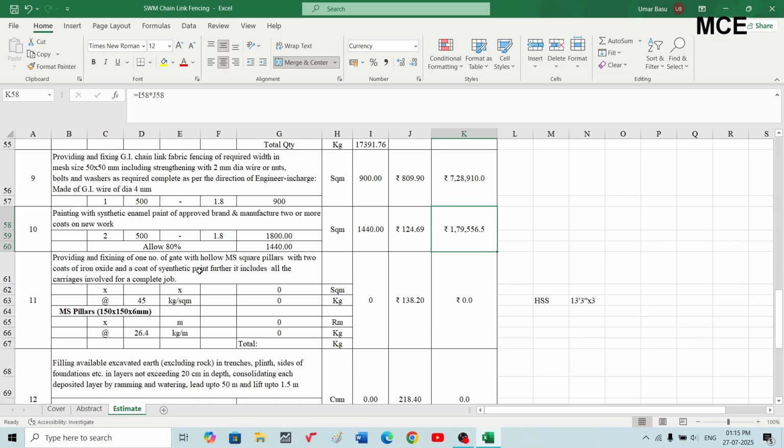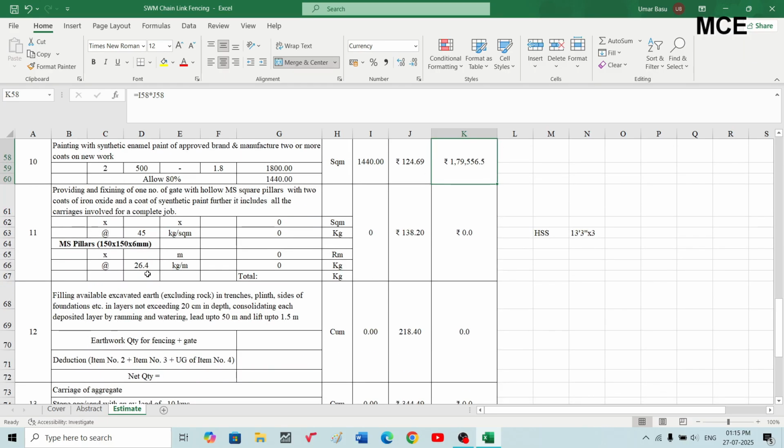After that you have to provide the gate of structural steel, and for pillars you will use hollow MS square pillars of size 150 into 150 into 6. Okay, and the gate will be provided of structural steel.